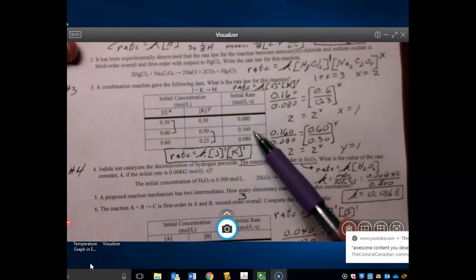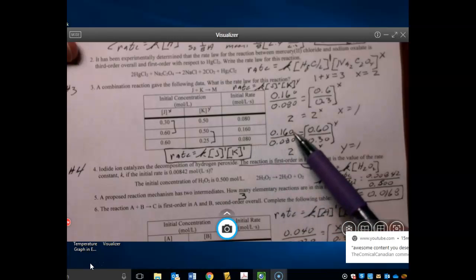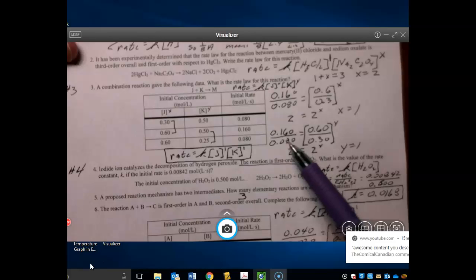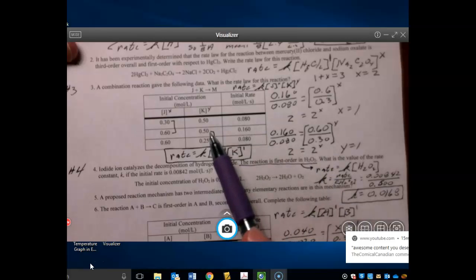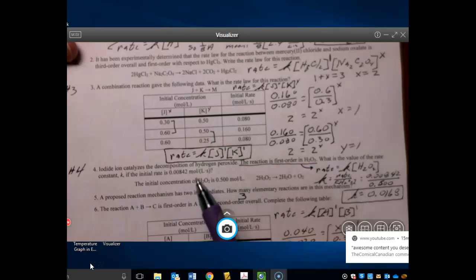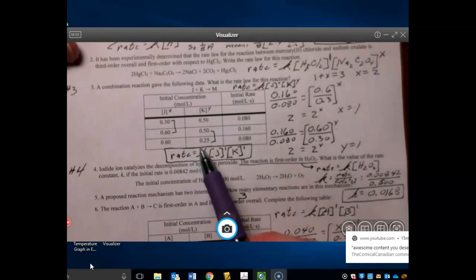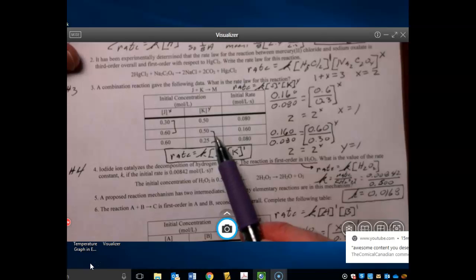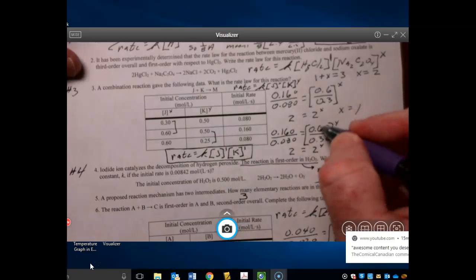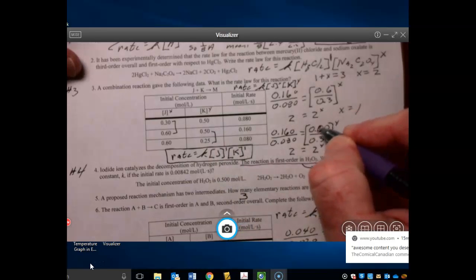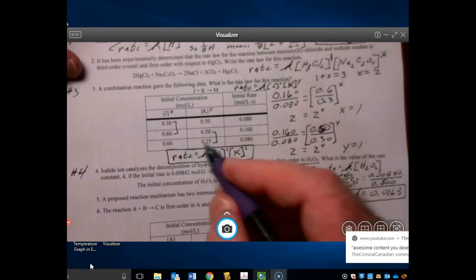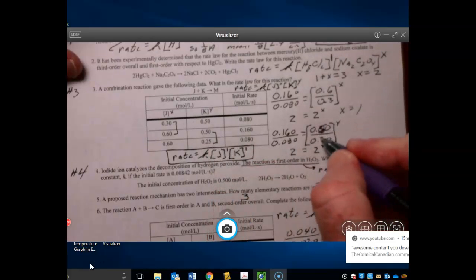If I divide the bigger rate by the littler one here, I get 0.16 divided by 0.08, and then the concentration of K, that's 0.5, divided by the concentration that is... I think I've made a mistake here. Let's see. 0.5 divided, this should be 0.5. 0.5 here. And this should be 0.25.